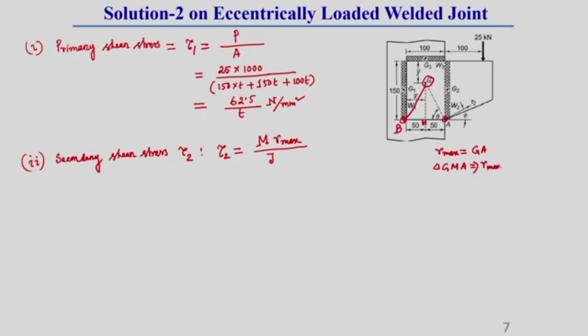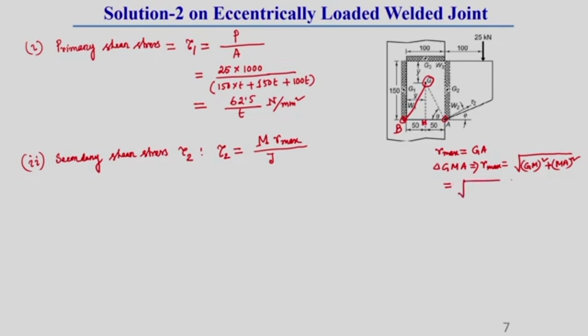R max will be equal to GA, which is equal to the square root of GM square plus MA square, because this is the hypotenuse of triangle GMA, correct. So, we can easily find out R max.